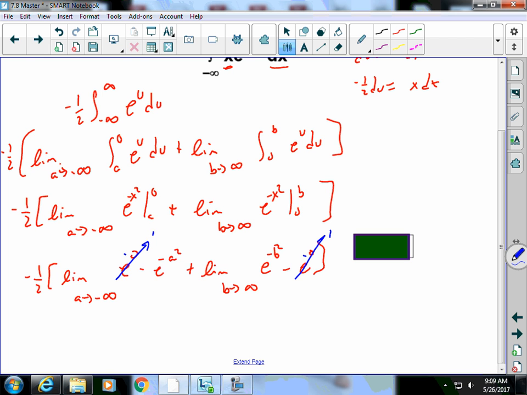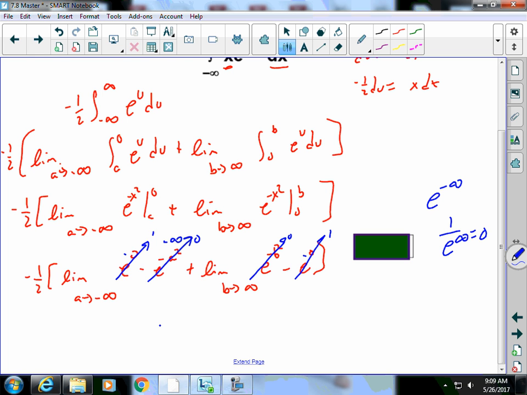And now e to the minus a squared. Well, a is going to negative infinity. I'm squaring it, and when I square something, it's going to be positive. So I have a minus infinity in the exponent. So that means this whole thing is going to 0. And the same thing's going to happen here. This whole thing is going to go to 0 because I have e to the minus infinity, or 1 over e to the infinity, which is going to go to 0.